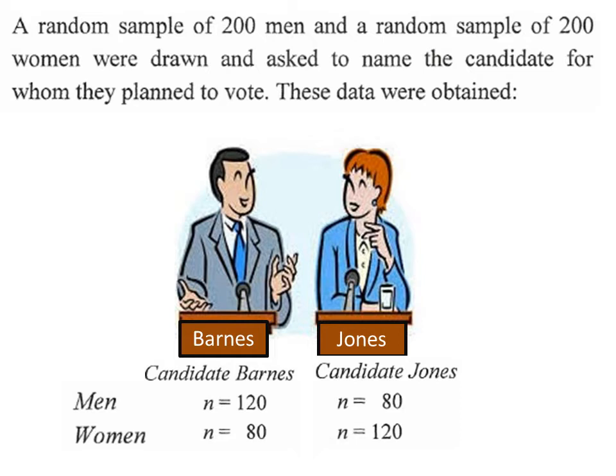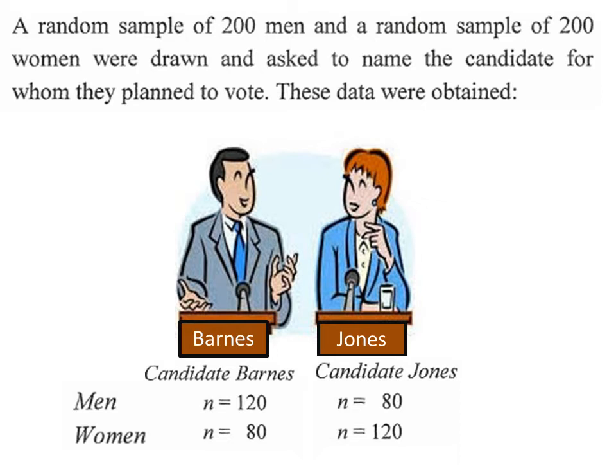This is because the candidates were classified in only one way, according to the candidate for whom they planned to vote. In example 2, we're looking at data that calls for a two-way chi-square test.